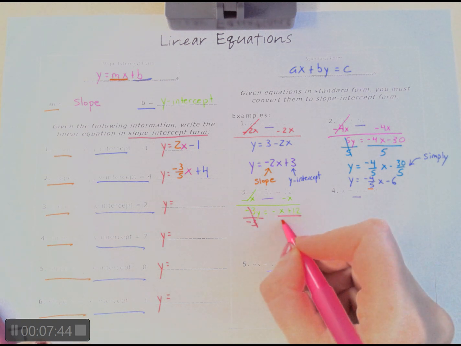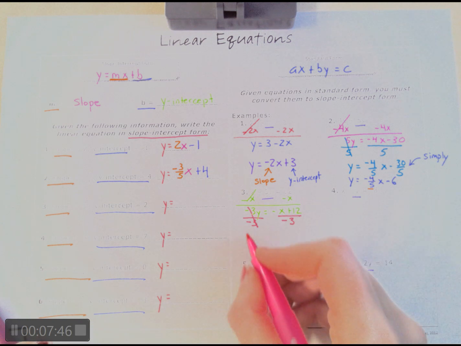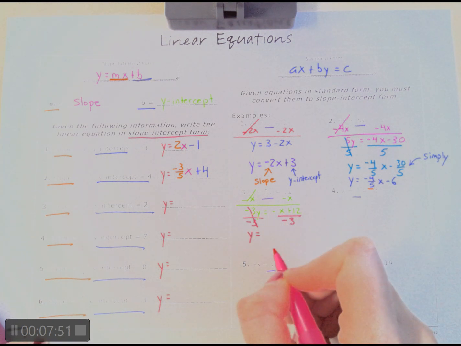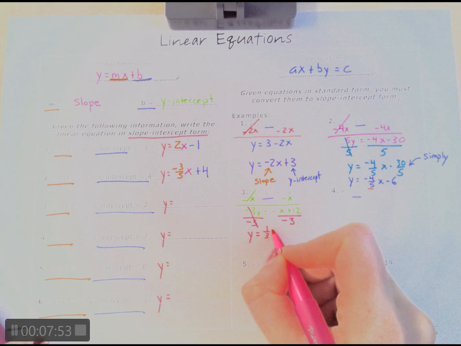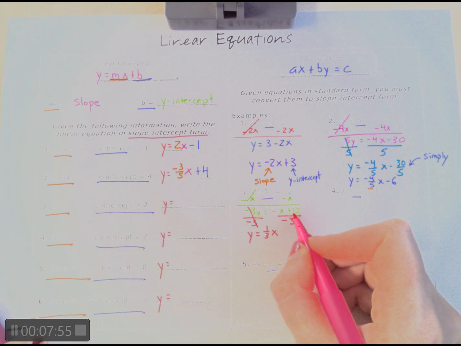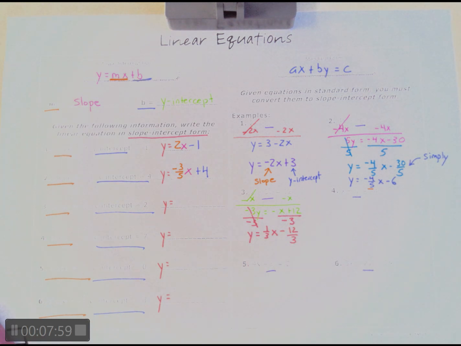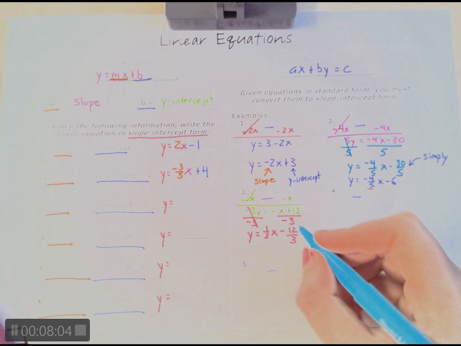So that those will cancel. And then I'm left with y equals negative negative will make a positive 1/3 x, and then minus 12 over 3.